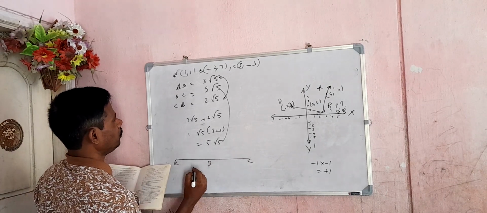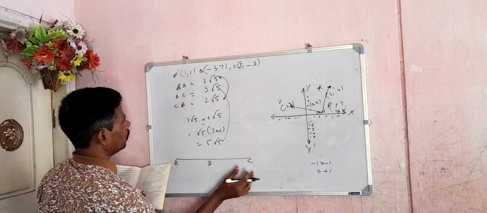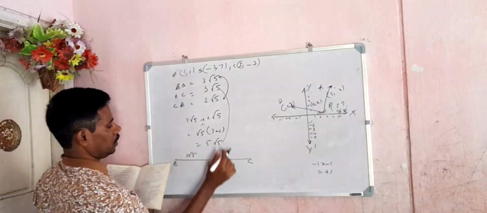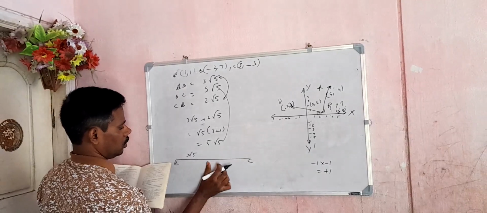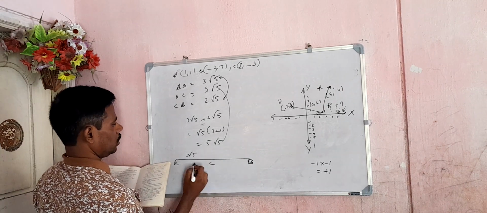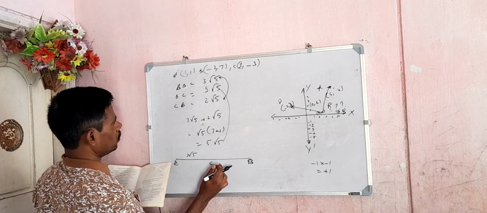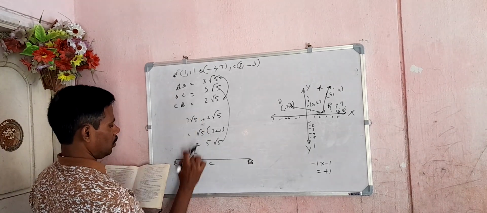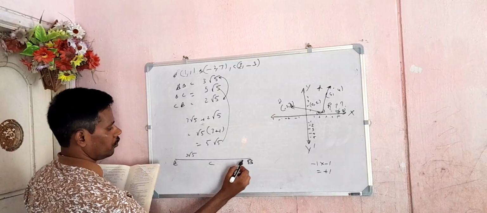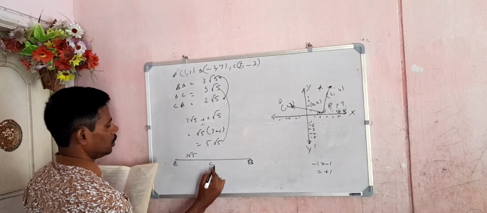So what is AB length? 3 root 5. What is BC length? What is CA length? AB is 3 root 5. BC is 5 root 5 we got.